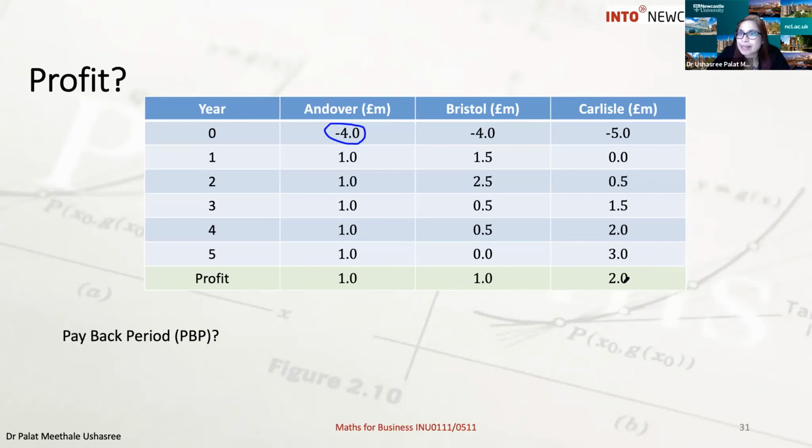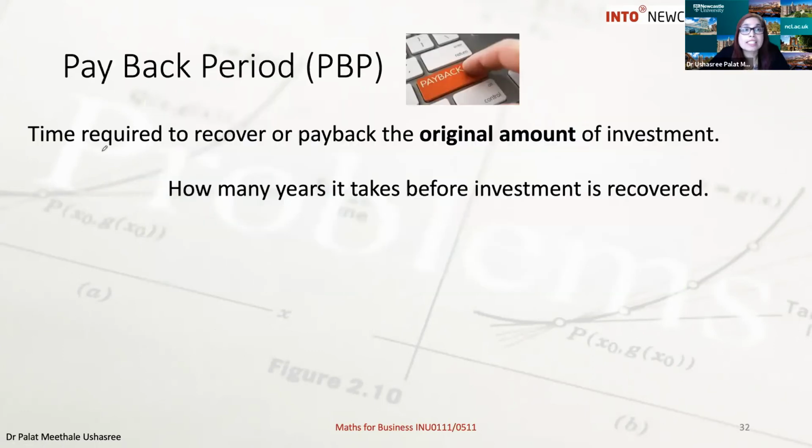It looks like this is a better investment, isn't it? Let's first see what the payback period is. It is the time required to recover or pay back the original amount of investment. That is how many years it takes before the investment is recovered.